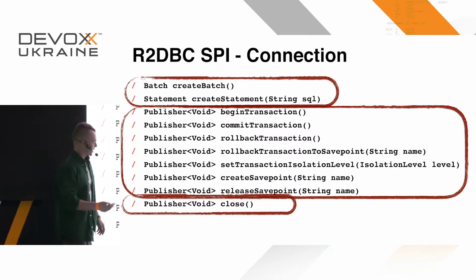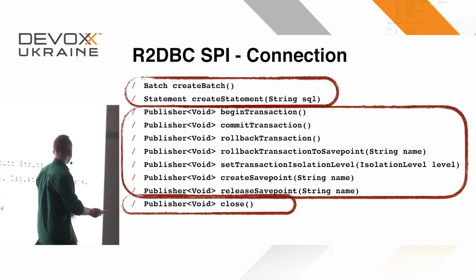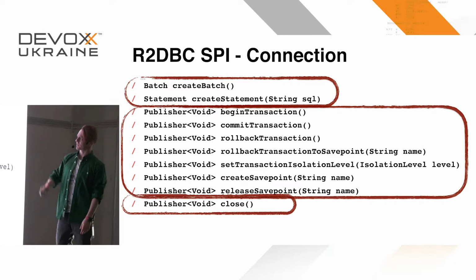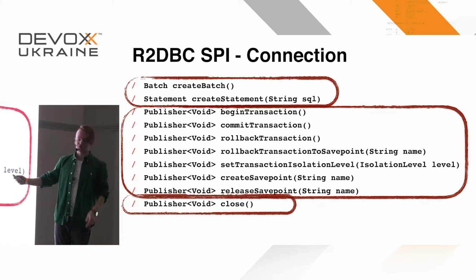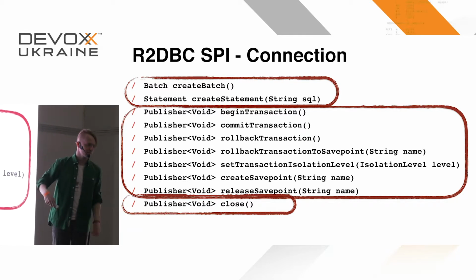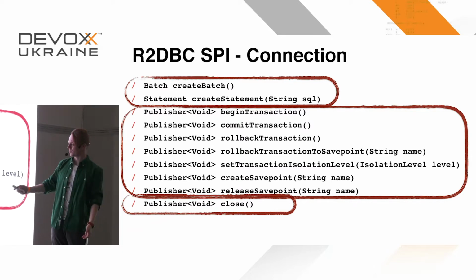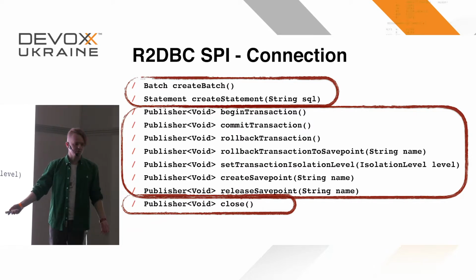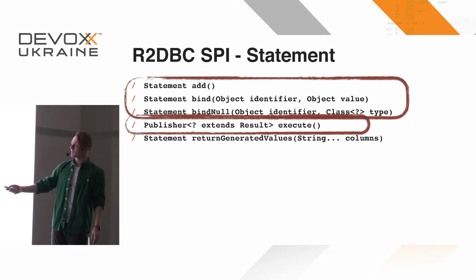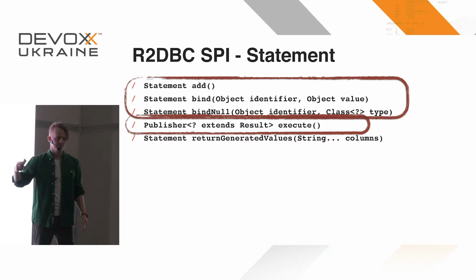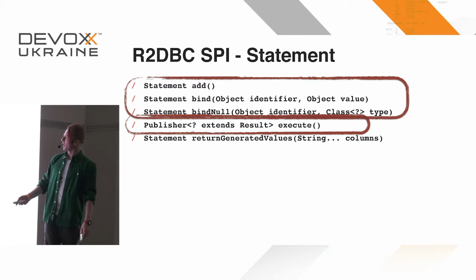SPI, let's look at connection. It consists of a couple of simple things like create statement, easy. Then we may manage transactions like begin, commit, rollback, savepoints, all this stuff. And then close it, easy. Statement: we may create a statement, bind some prepared parameters, let's say, execute it, and get a result.